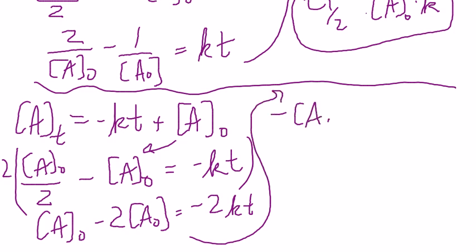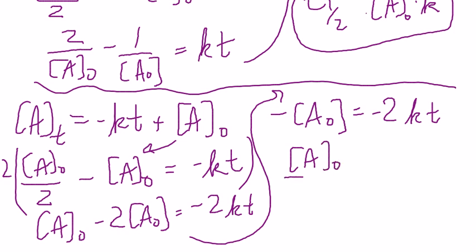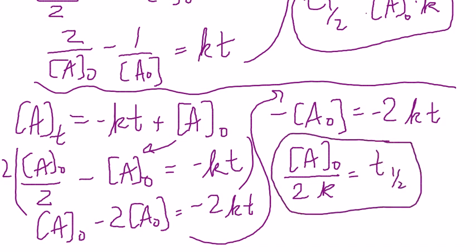A naught minus 2A naught is minus A naught, and that's equal to minus 2KT. Well, if we divide both sides by minus 2, that becomes A naught divided by 2K, and that's equal to the half-life for a zero order reaction.